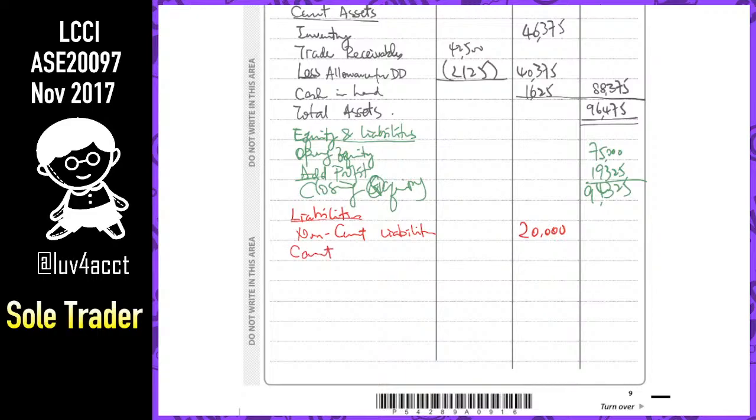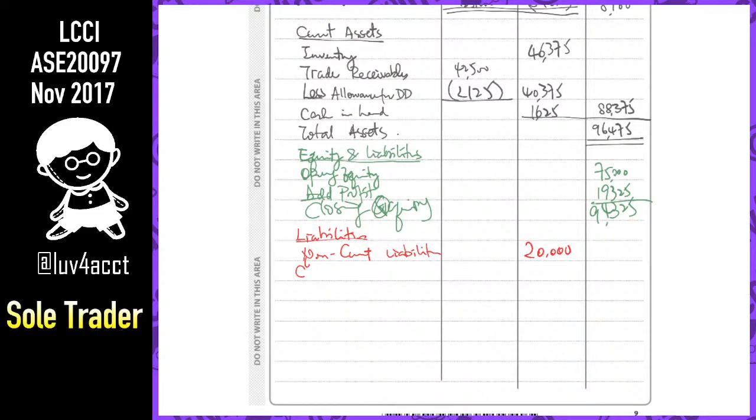Okay, current liabilities. First of all, we have trade payables, other payables, trade and other payables.